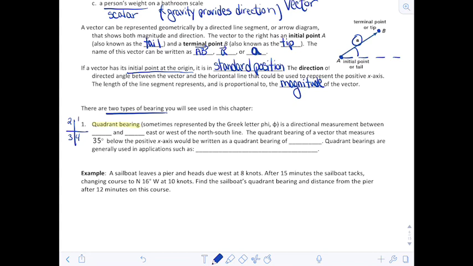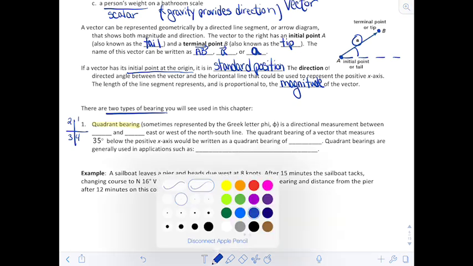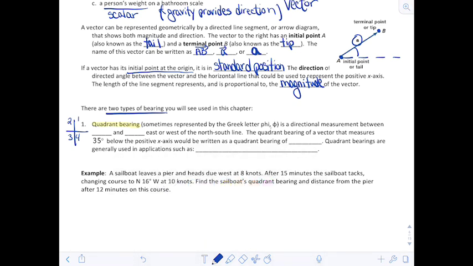So a quadrant bearing will never go over 90 degrees because there are not more than 90 degrees in a quadrant. This is going to most often be represented by the Greek letter phi, which is right here. It's a directional measurement between 0 degrees and 90 degrees east or west of the north-south line.